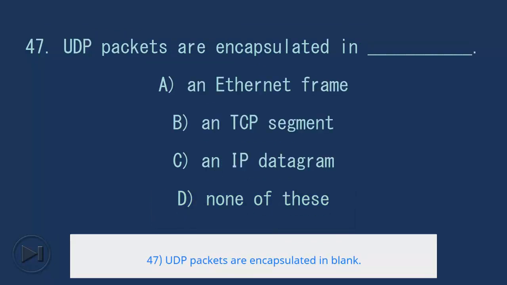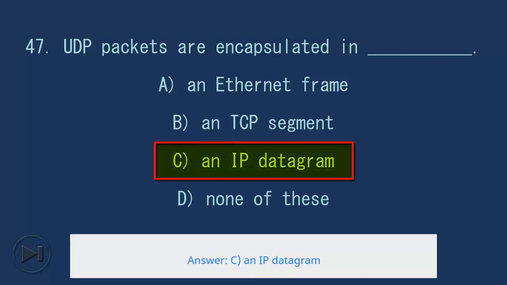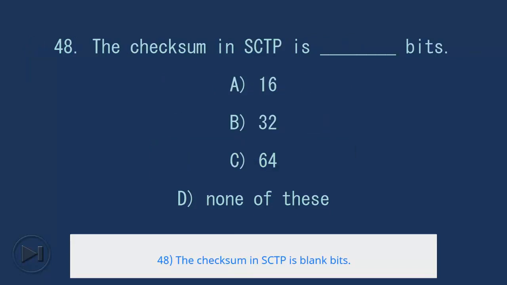47. UDP packets are encapsulated in blank. A. An Ethernet frame. B. A TCP segment. C. An IP datagram. D. None of these. Answer, C. An IP datagram. 48. The checksum in SCTP is blank bits. A. 16.